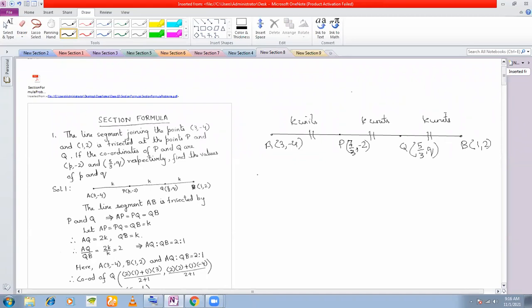So now if you see here, now we will find, because X and Y we know, A and B we know, because we know the endpoints, we can take this as our X1, Y1. And this as our X2, Y2. Okay. So this becomes our M parts here. And this becomes our N parts.